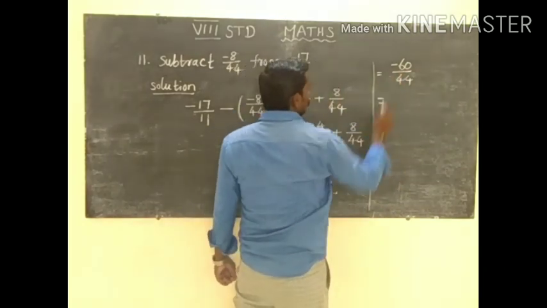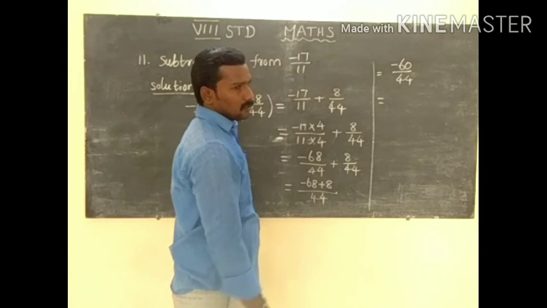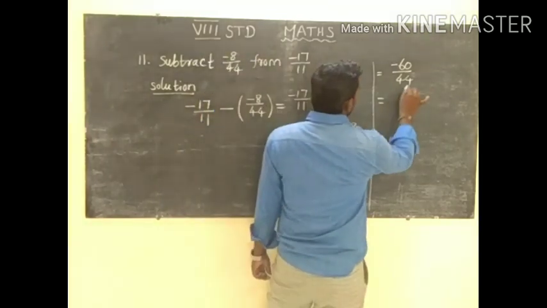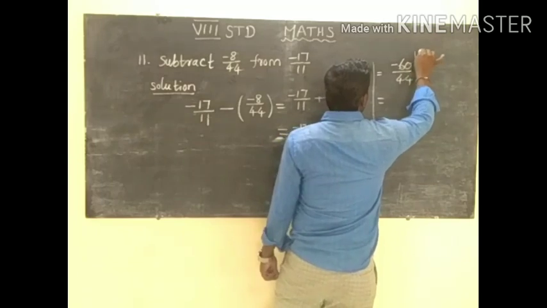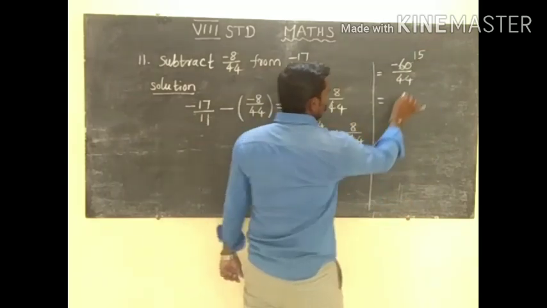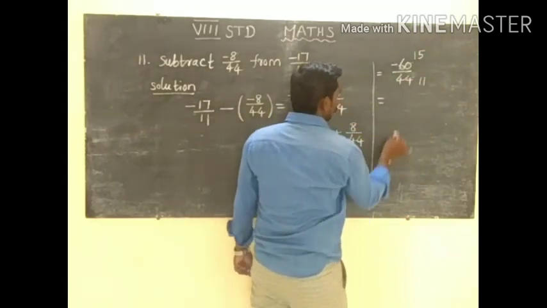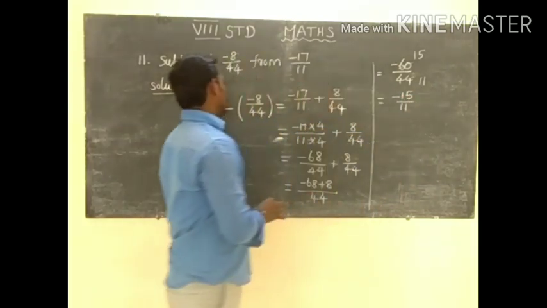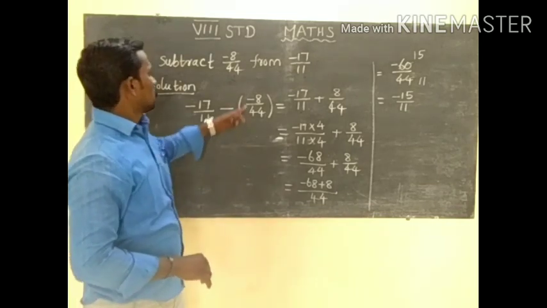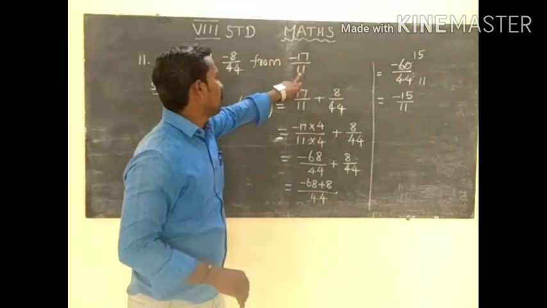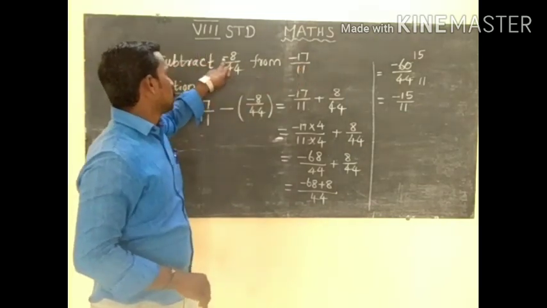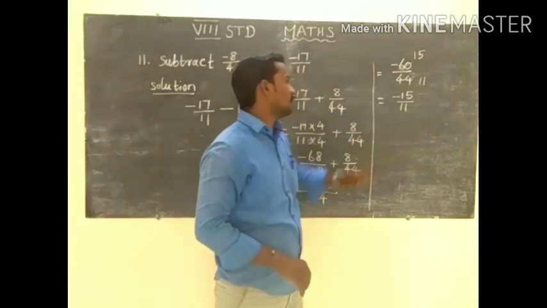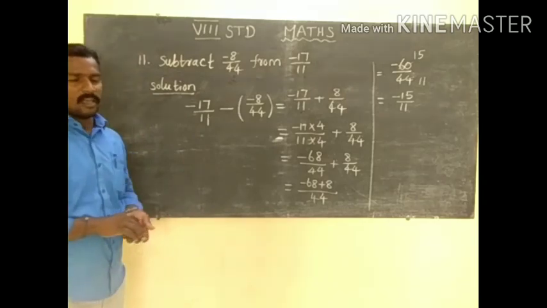These two appear in the fourth table, so using the fourth table, cancel the common factor. This is 15 fours are 60. This is 11 fours are 44. So minus 15 by 11 is your answer. So minus 17 by 11 minus minus 8 by 44 is equal to minus 15 by 11. This is your answer. Have you understood?